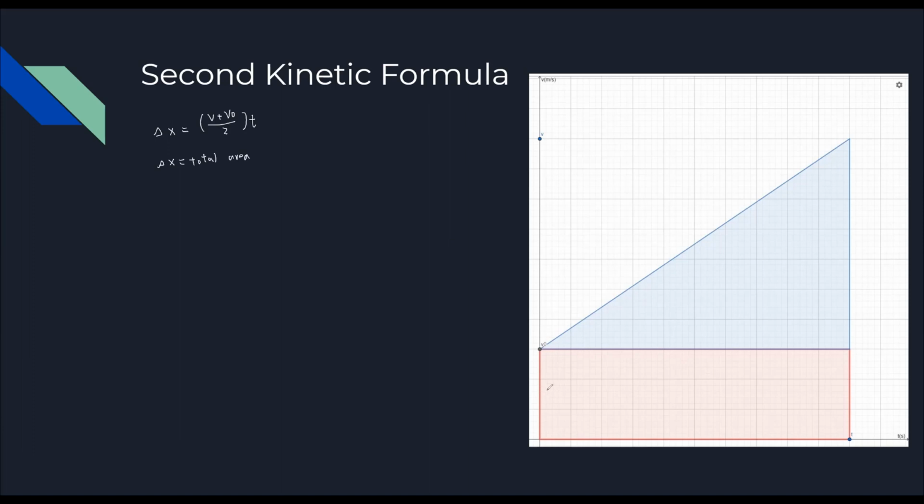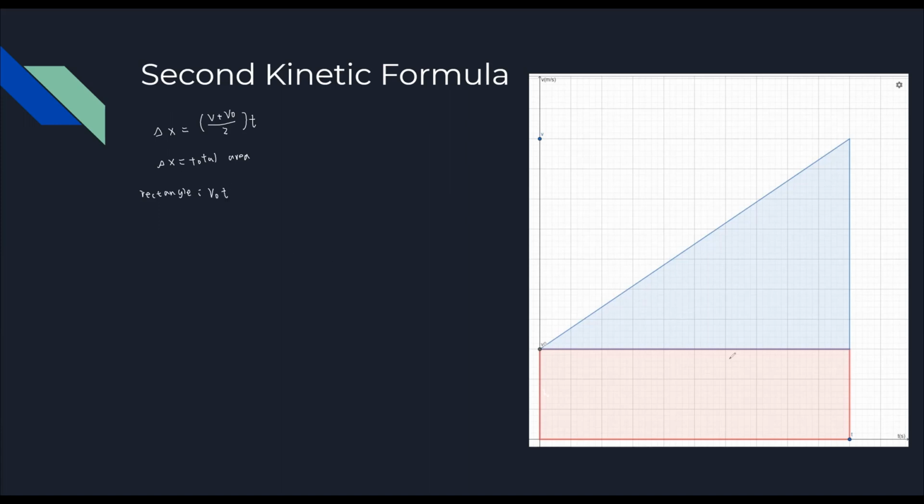Height is v0, and the width, or the length in this case, of the rectangle is t. So the area of the rectangle is initial velocity times time.